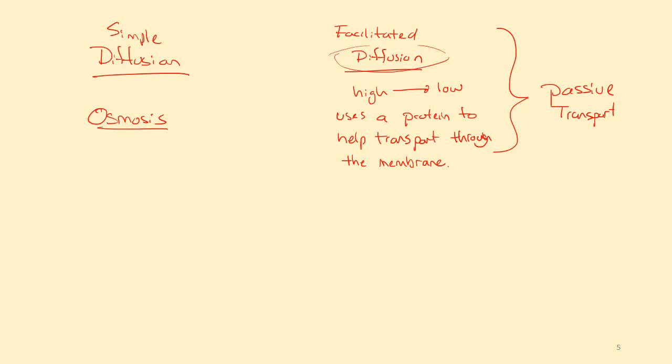Active transport, right? Okay. Active transport comes in a few different forms. We can separate them basically into two categories. We have endocytosis. We have exocytosis.